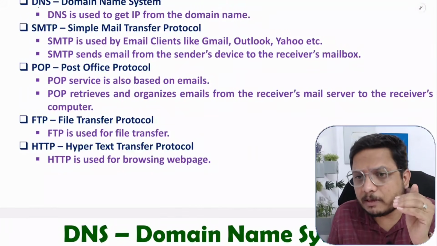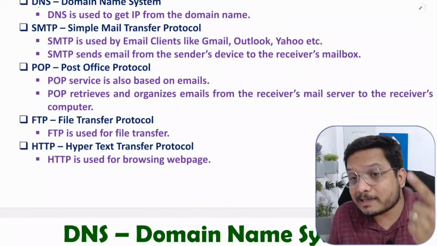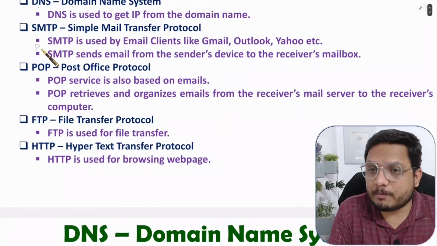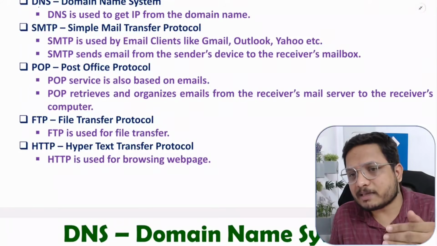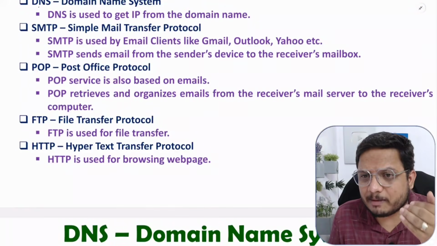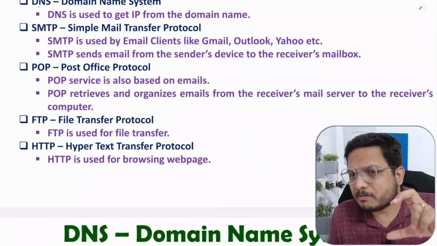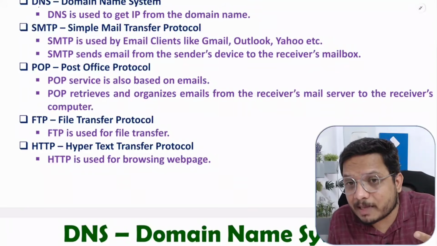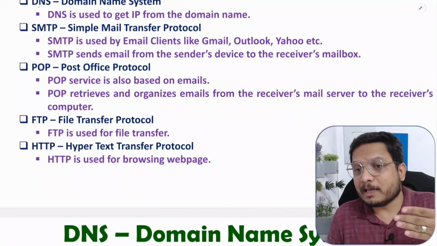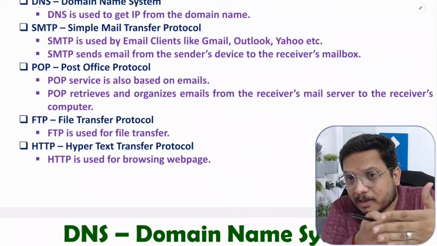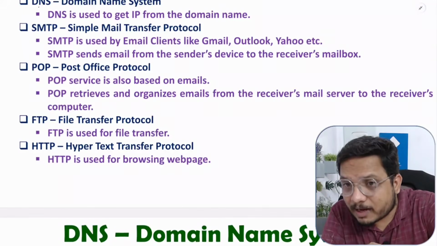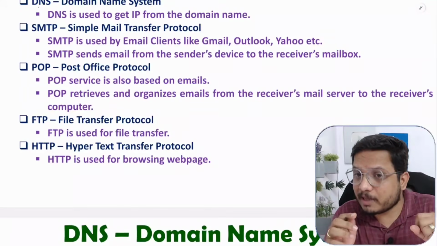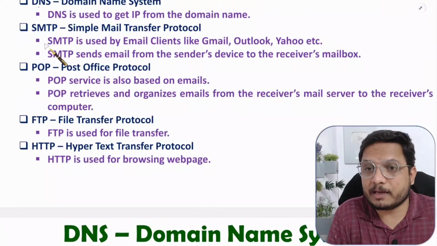POP we use to retrieve and organize emails, while for forwarding of emails, we'll be using the SMTP protocol, right? In competitive examinations, this type of question comes based on statements. That's why I'm discussing these basics, right? So POP is what we use for retrieving and organizing emails between the receiver's server and the receiver's computer. While forwarding of emails happens with the use of SMTP, right?